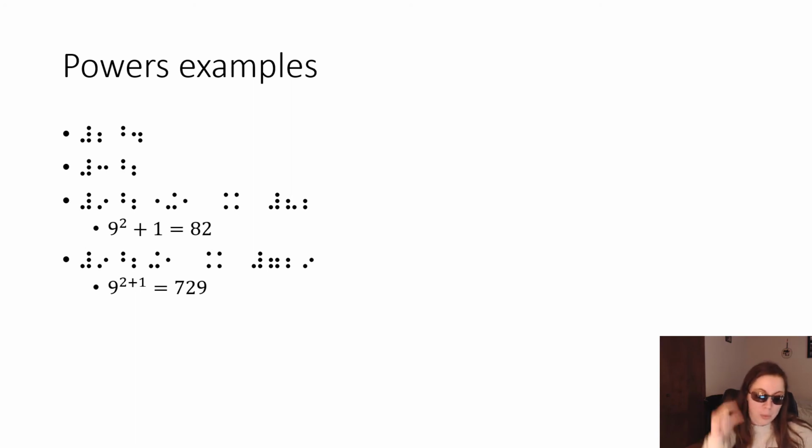Now my whole plus 1 is up in the power, and that changes the meaning. Now instead of adding 1 to the 9 squared, I'm adding 1 to the 2 and taking 9 to the power of 2 plus 1. Well, that's 729. That is a very different answer and very different equation than if I put that little .5 in there to bring my plus sign back down to baseline.